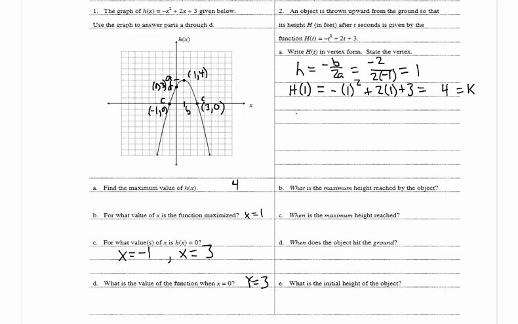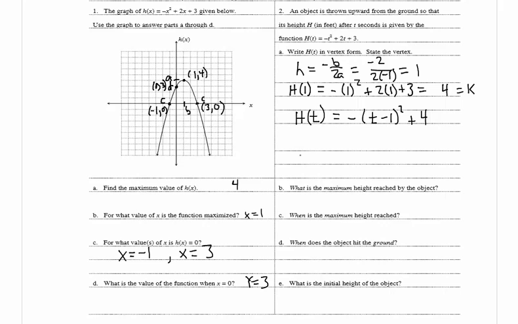Now in vertex form, we're going to have h of t is equal to a, which is -1, times t minus h, and h was 1, so t minus 1 squared, plus k, so plus 4.